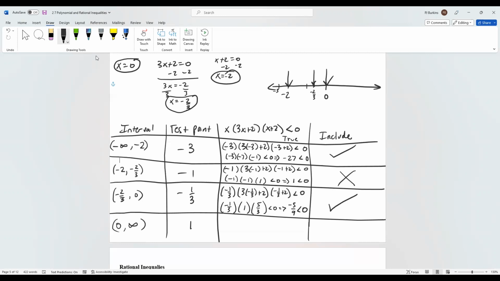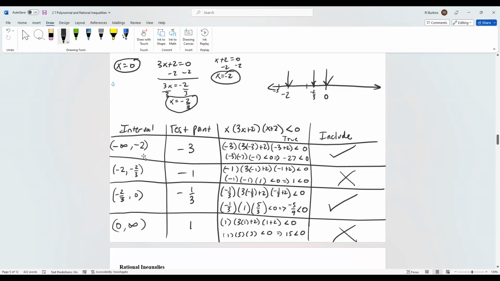Finally, we need to plug 1 in and see what happens. So let's do that as well. So we have 1 times 5 times 3. That's going to be 15, which is not less than 0. We do not include that section.